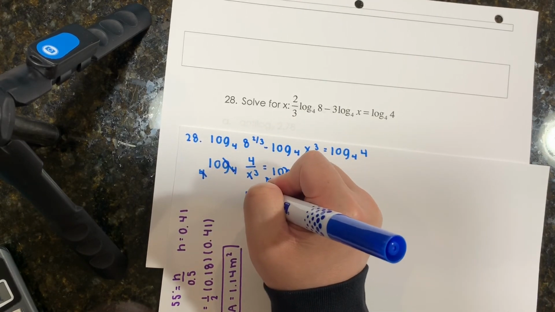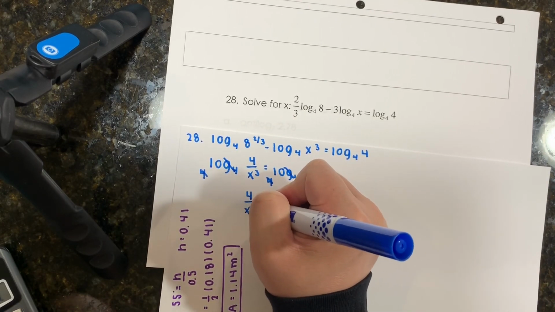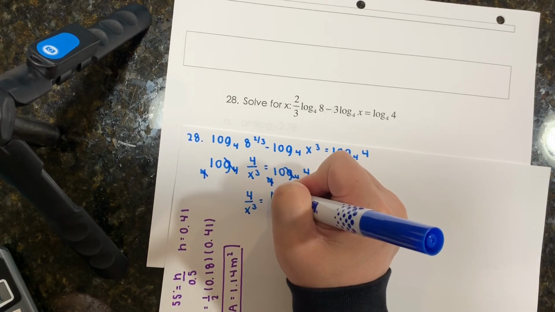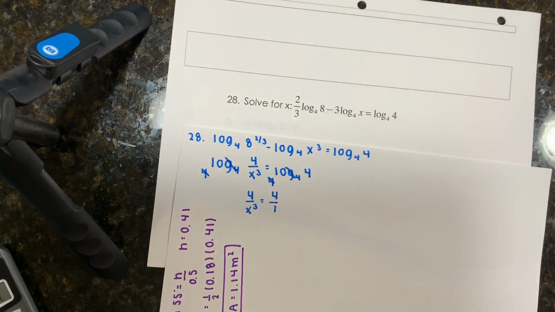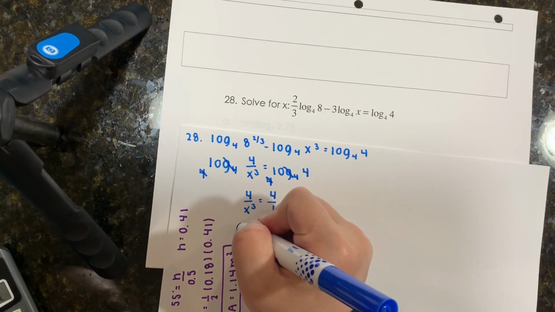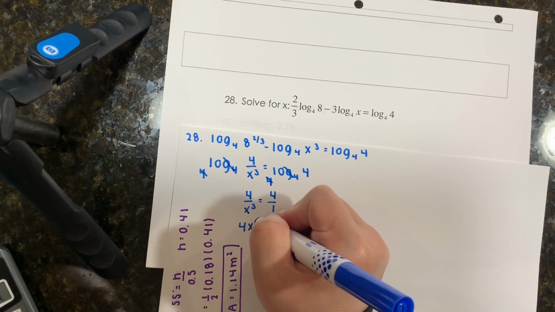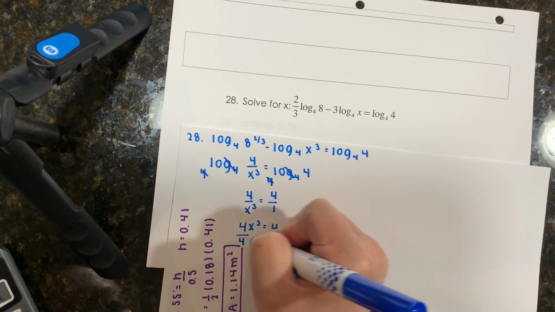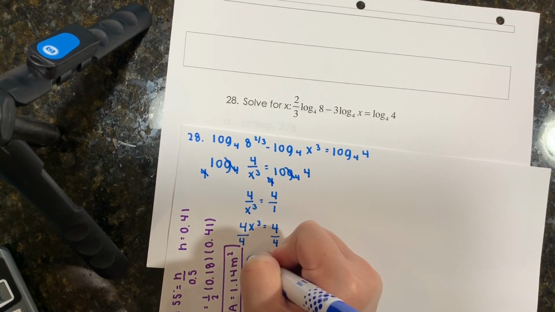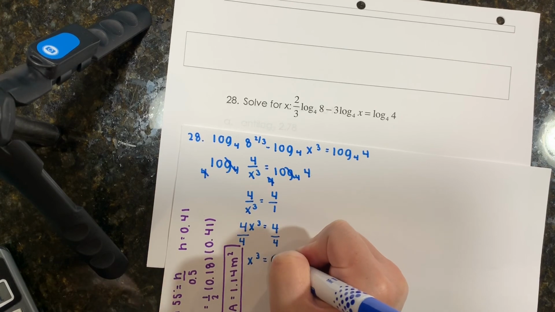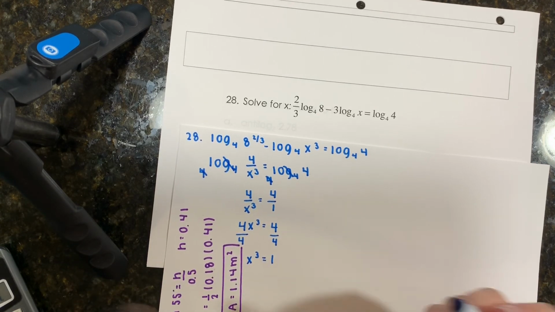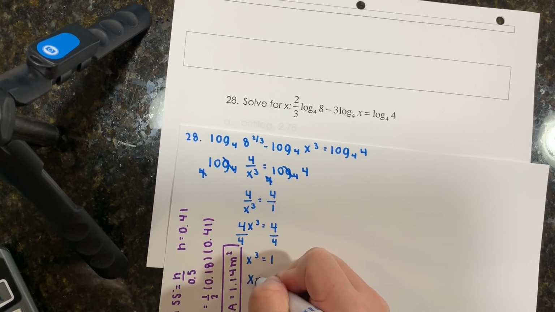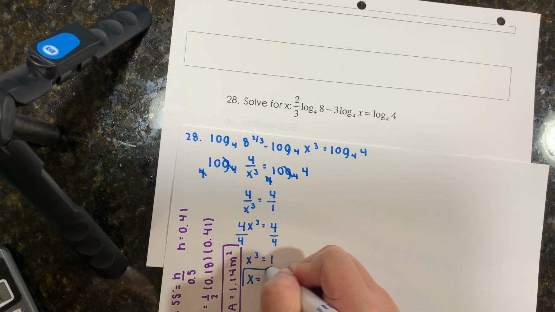That would be 4 over x cubed equals 4 over 1. Cross multiply, that would give me 4x cubed equals 4. When I divide by 4, I get x cubed is equal to 1, and the cube root of 1 is just 1. So that means x is equal to 1.